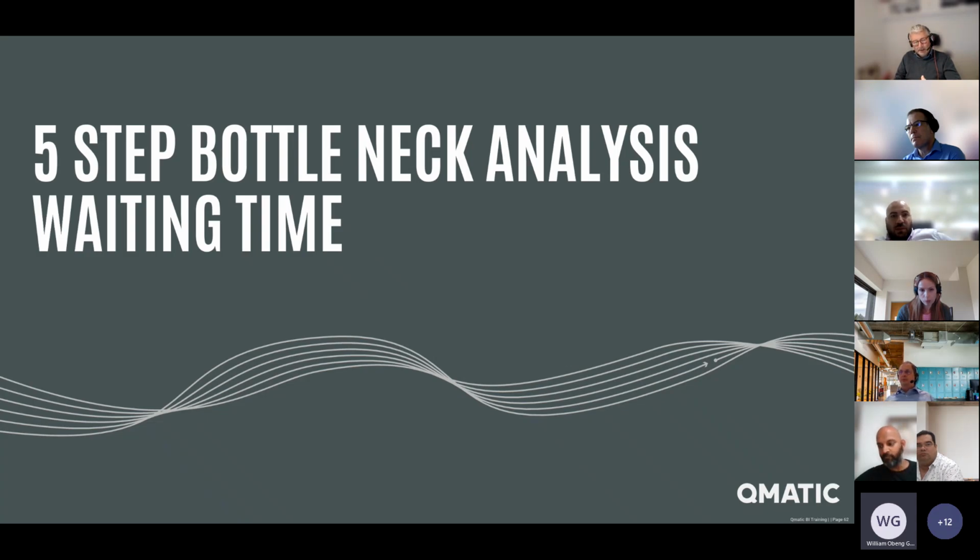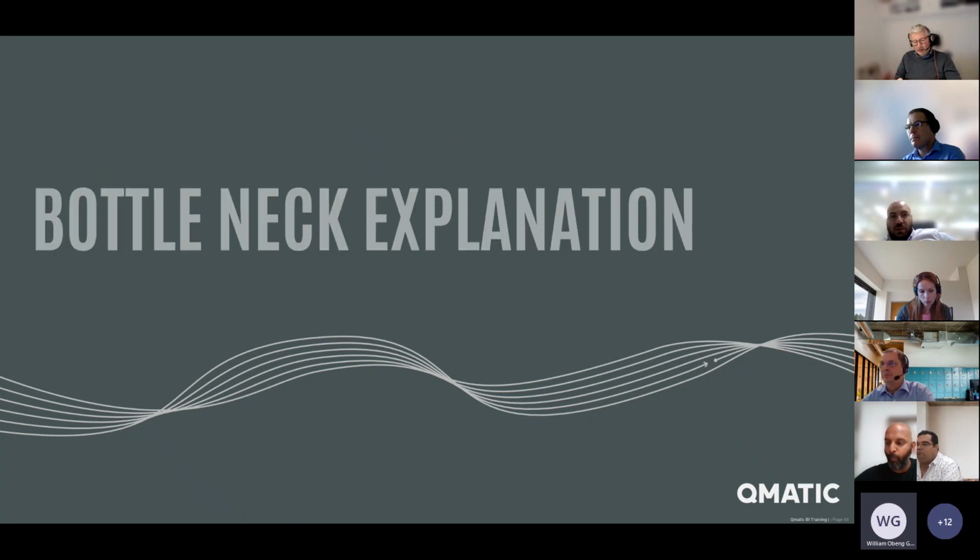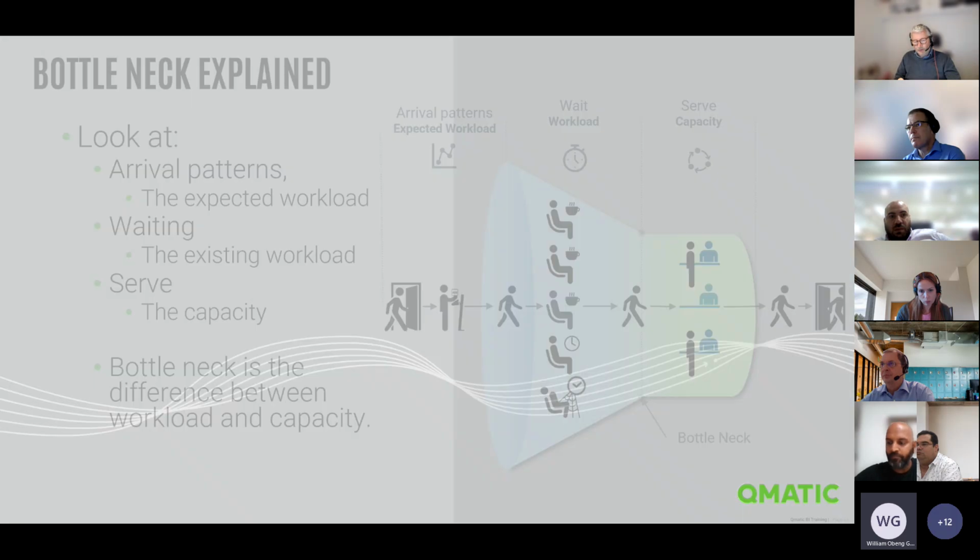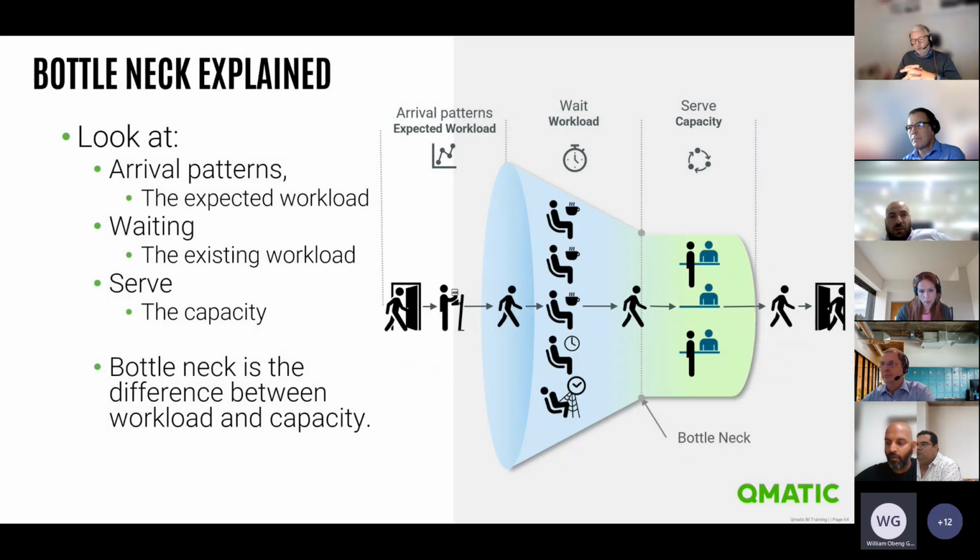So we worked quite a lot with what we call a 5-step bottleneck analysis. This whole analysis is based on a methodology. I will try to go through this quite quickly. If you look at the normal queuing situation and you look at waiting times, it always has to do with what is my workload and what is the capacity to serve that workload.